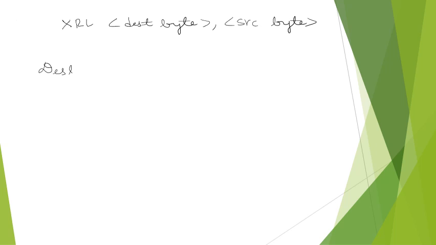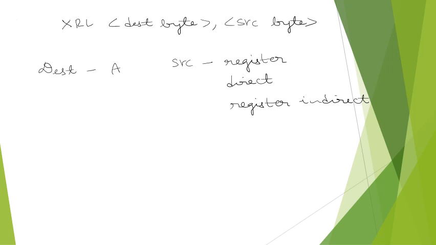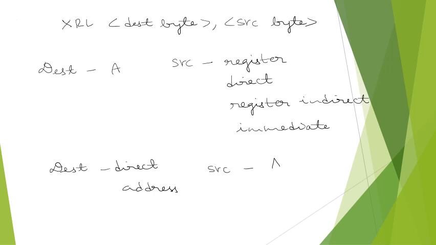When the destination byte is accumulator, then the source byte can use register addressing mode, direct addressing mode, register indirect addressing mode, or immediate addressing mode. And when the destination byte is direct address, then the source byte can be the accumulator or immediate data.